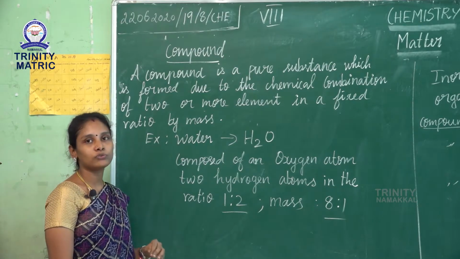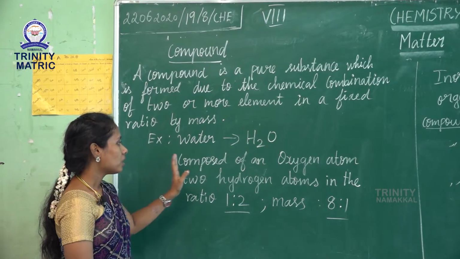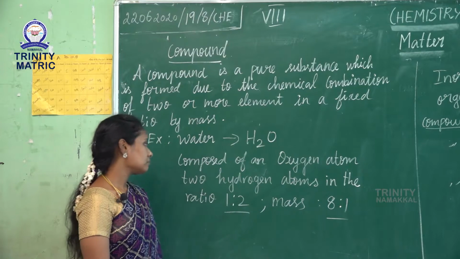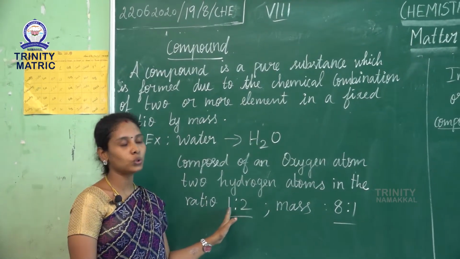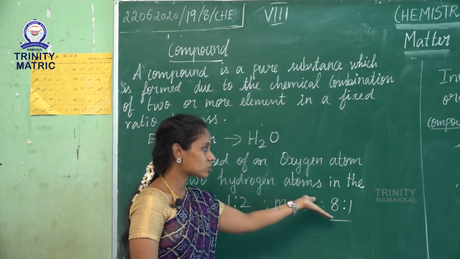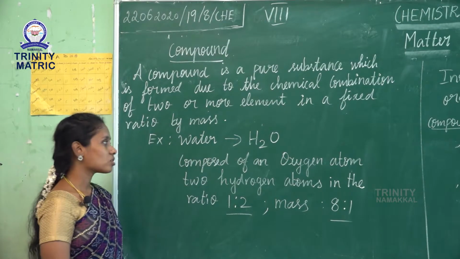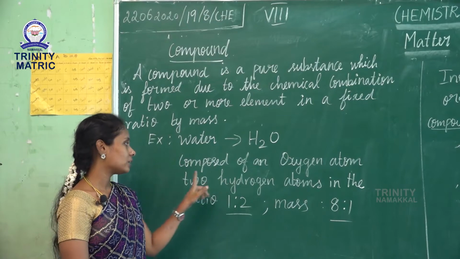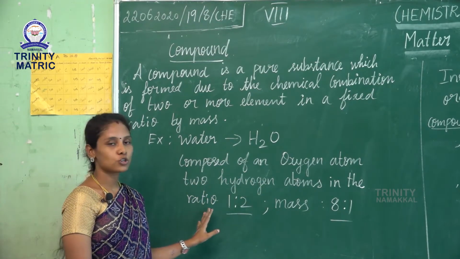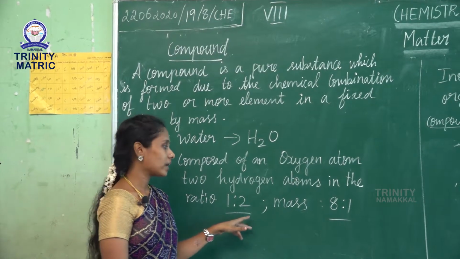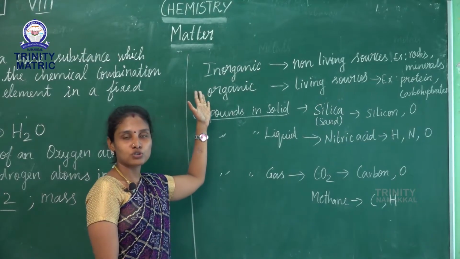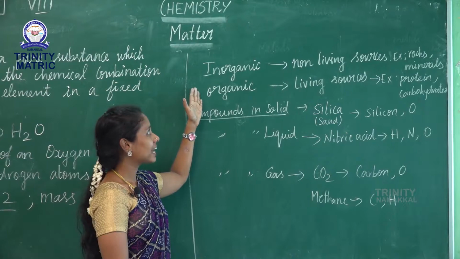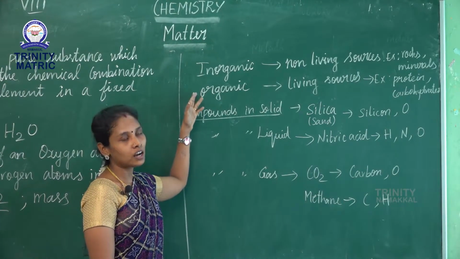A molecule of water is composed of an oxygen atom and two hydrogen atoms in the ratio 1:2, and by mass 8:1.